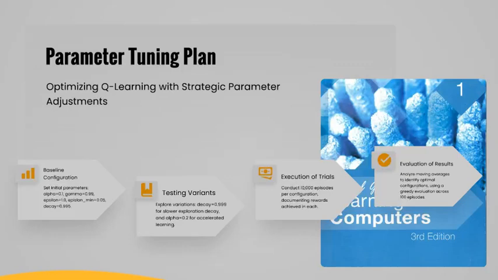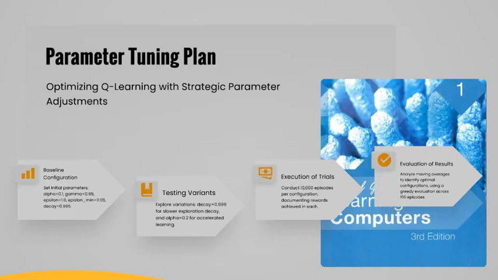Now, I initialized the Q table of size states times actions to 0. For every single episode that I ran, I reset the environment, chose actions using that epsilon greedy policy via choose action, and then updated Q values with the formula that I discussed, and gradually decayed epsilon to shift from exploration to exploitation.